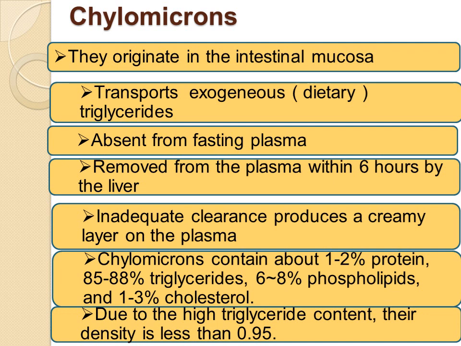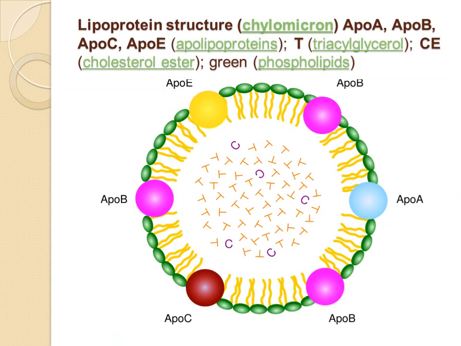So the density is low because of the high content of triglyceride and low content of protein. And this figure shows the structure of the chylomicron. It consists of triglyceride, cholesterol ester, and phospholipid with the apolipoprotein.